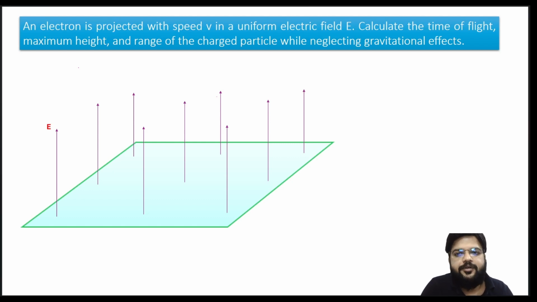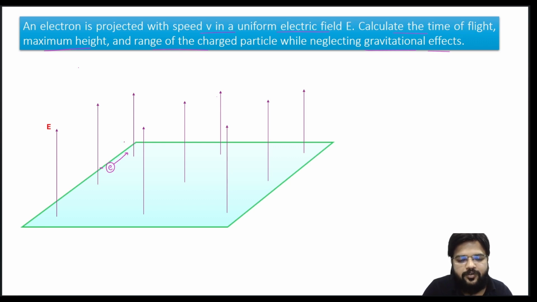Let's see the next question, everyone. An electron is projected with speed v in a uniform electric field E. Calculate the time of flight, maximum height, and range of the charged particle while neglecting the gravitational effect. So we are not considering the gravitational field here, only the electrostatic force will act on the charged particle. Let's suppose we have one electron, which has a negative charge.